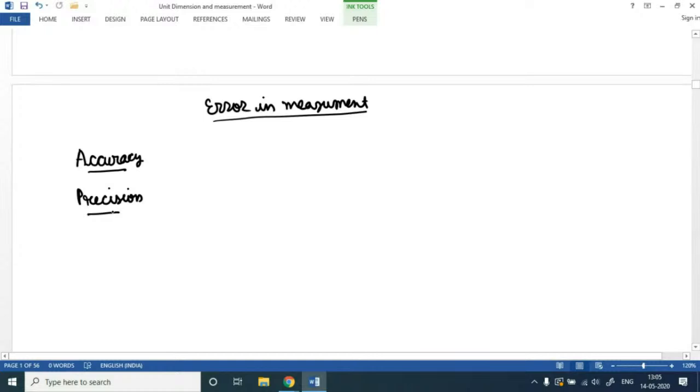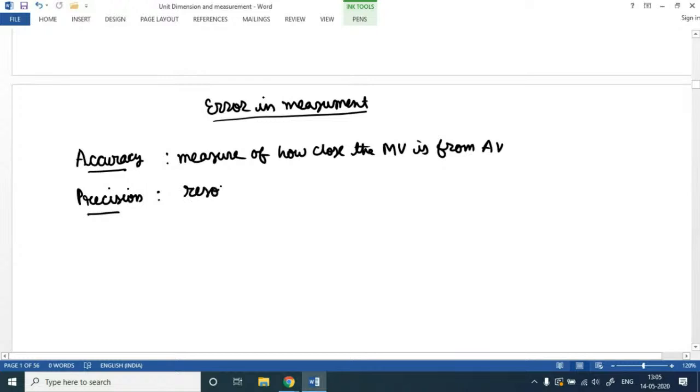Accuracy of measurement is a measure of how close the measured value is to the actual value. And precision is basically the resolution, or you can say the limit, of the physical quantity which has been measured.